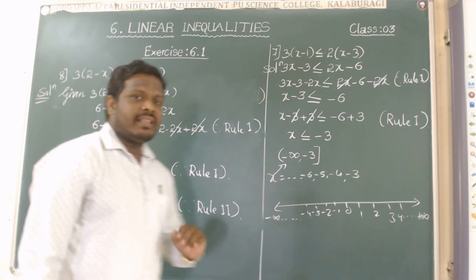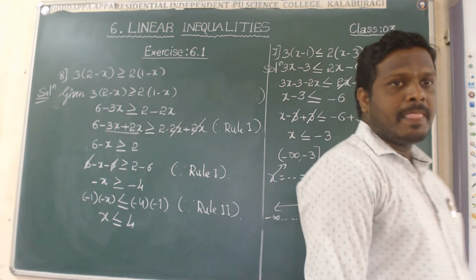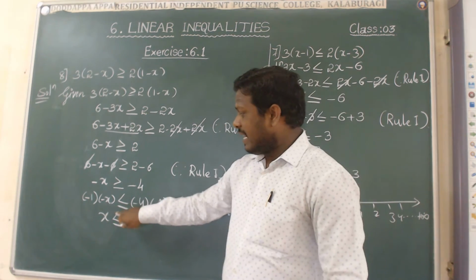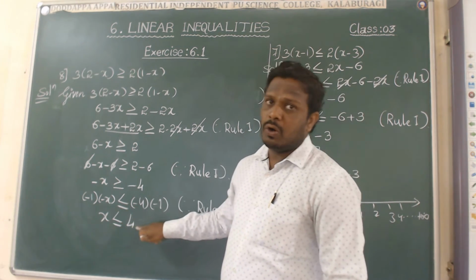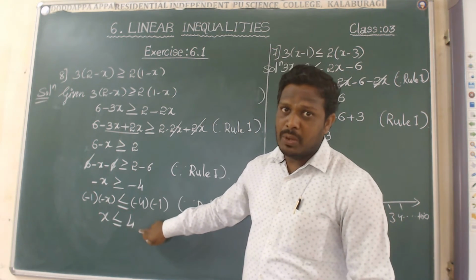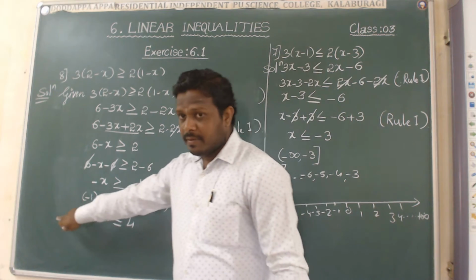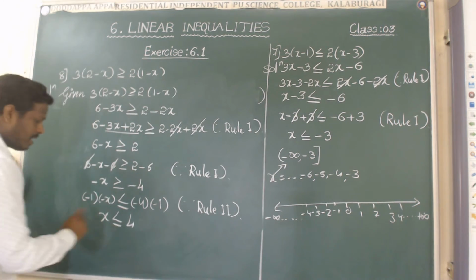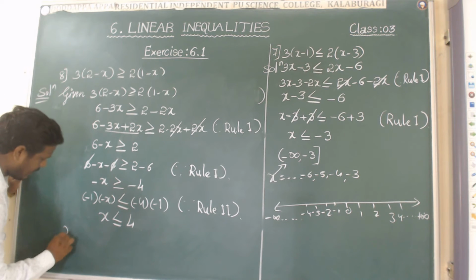Then we can write the solutions of x here. Read the given statement: x is less than or equal to 4. The value of x will include 4, from so on up to plus 4. How can we write the values of x here?